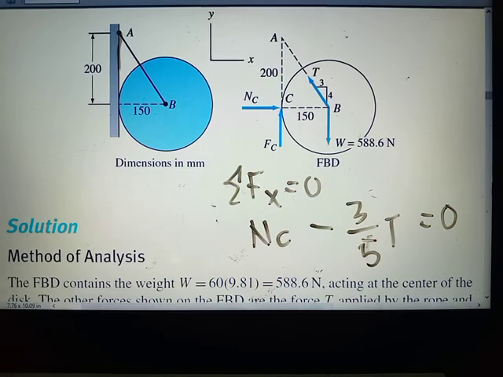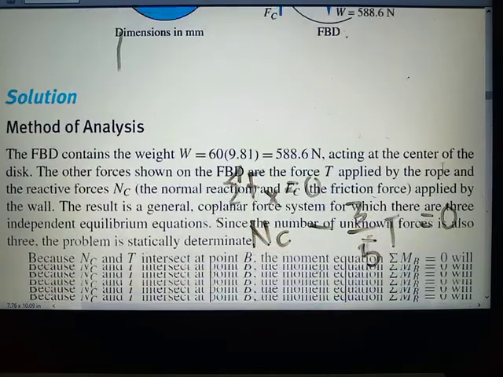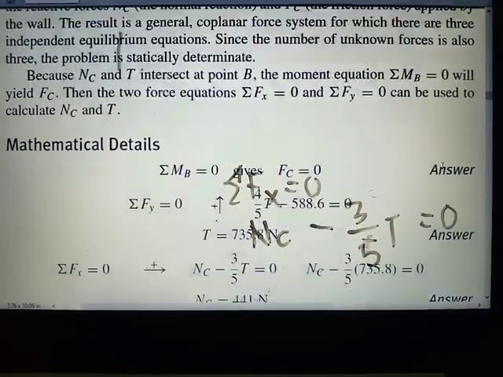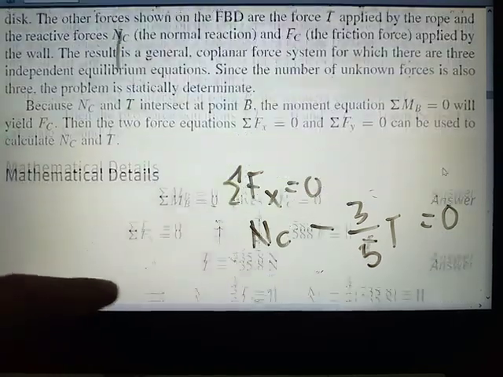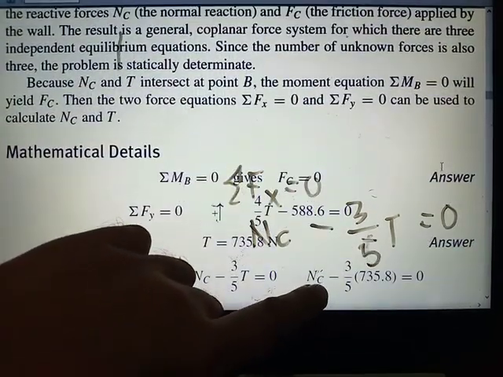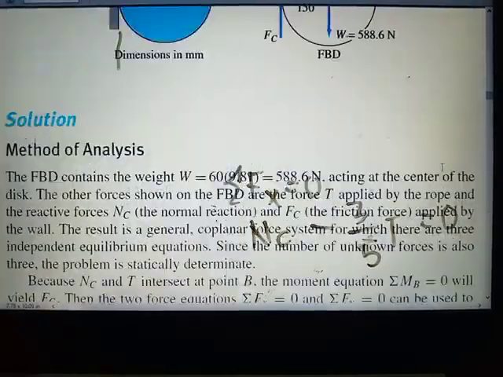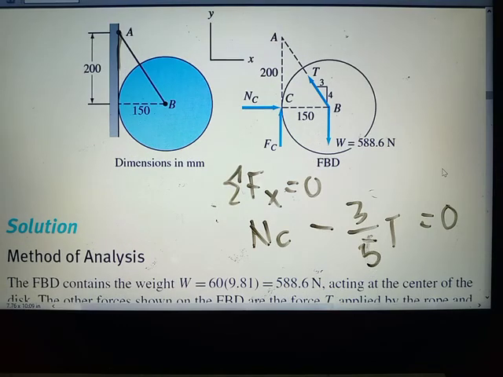Let us see what is written in this book. He did the same: NC minus 3/5 T. That is how you write the x-axis equation.